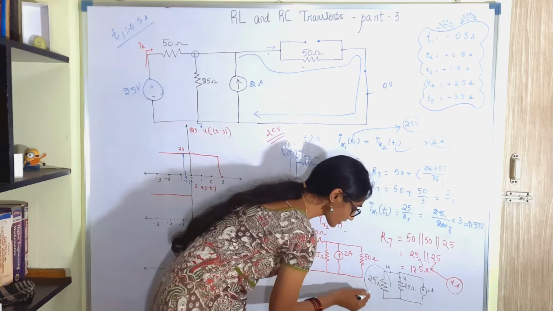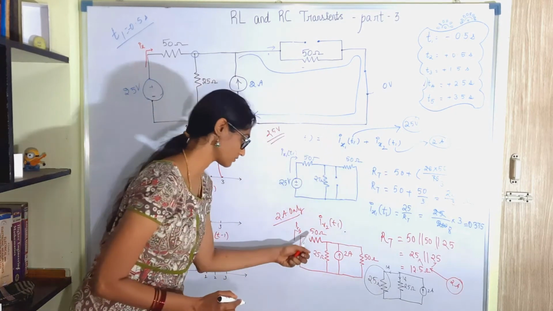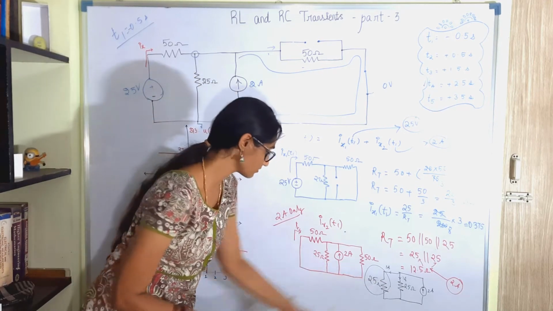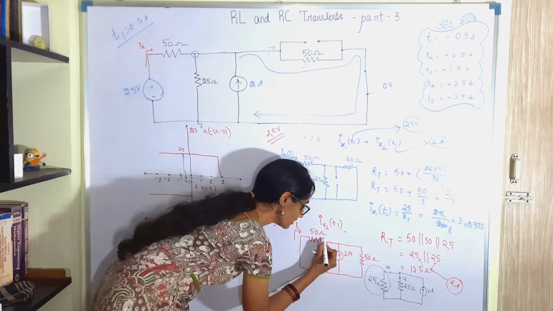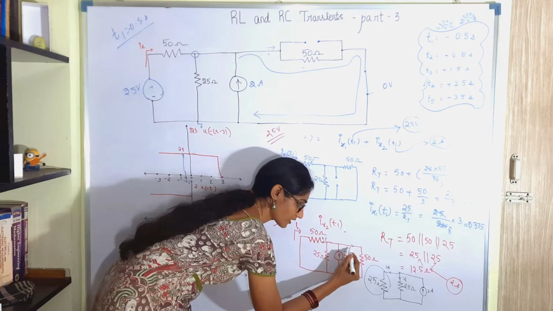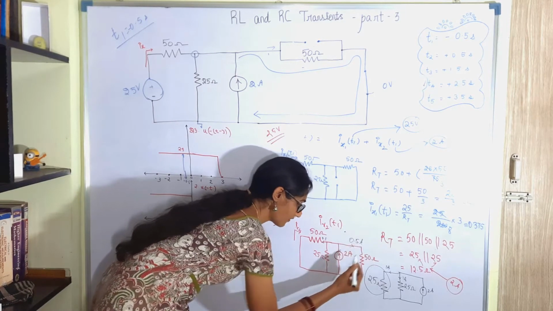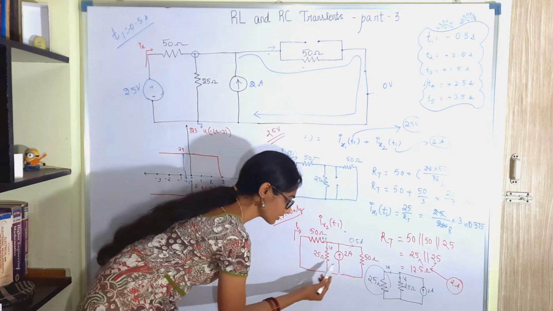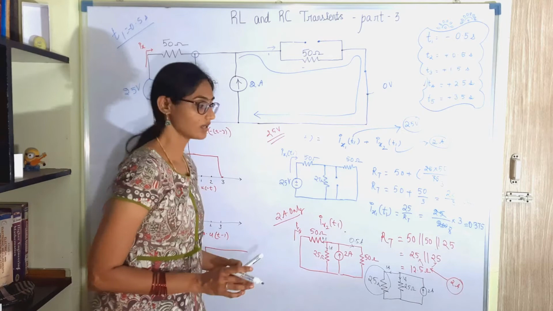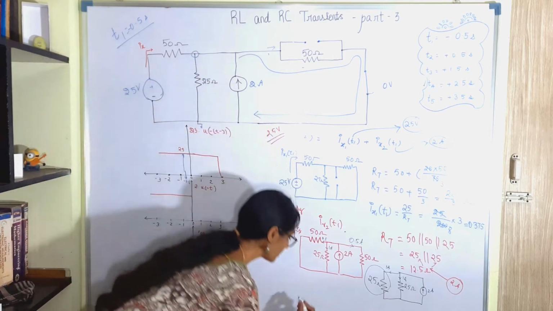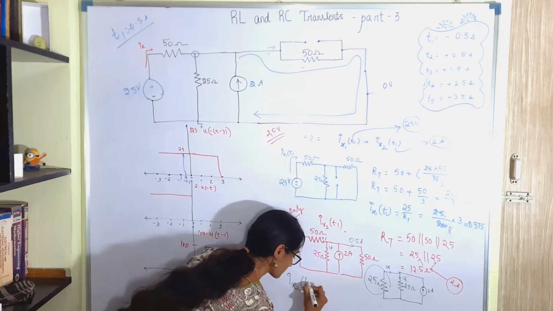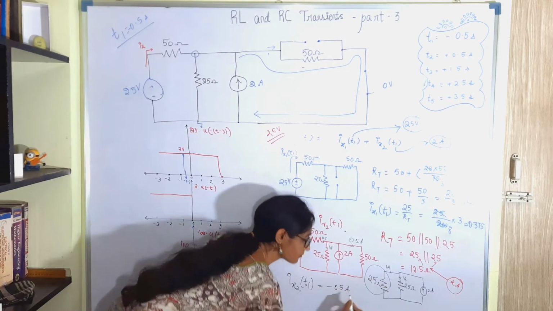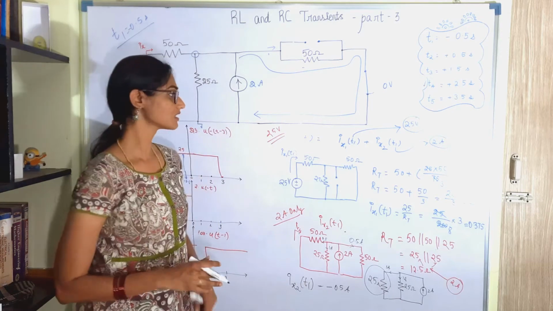This 25 consists of a breakup of two resistors, which is 50 ohm and 50 ohm. So to each of these, half of this will be flowing, which is 0.5 ampere here, 0.5 ampere here, and then you have 1 ampere here. So that 0.5 plus 0.5 plus 1 makes up to 2 according to KCL, right? So Ix2 will be minus 0.5 ampere. Okay, got it?